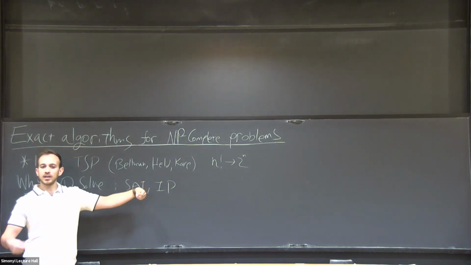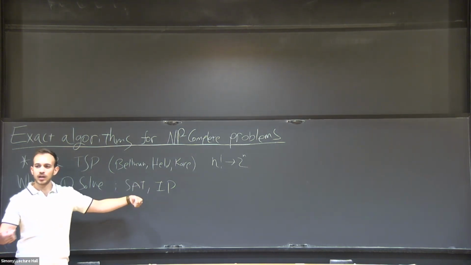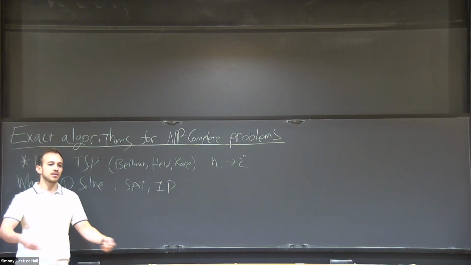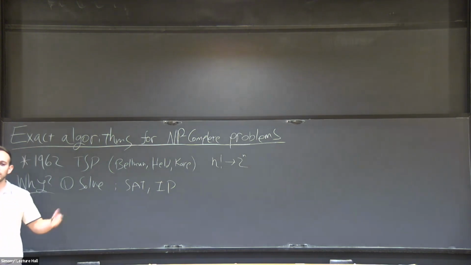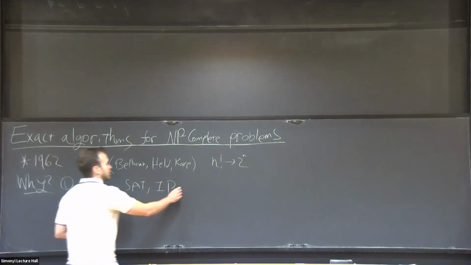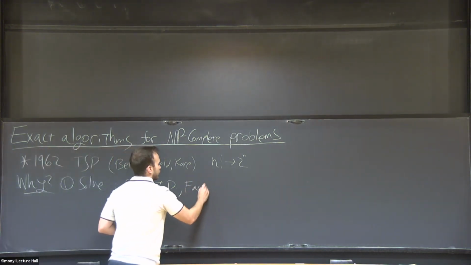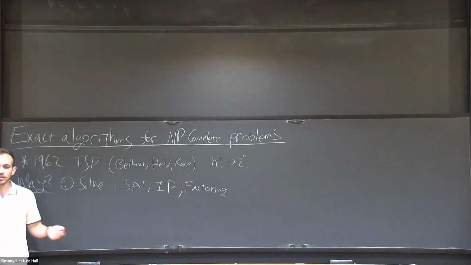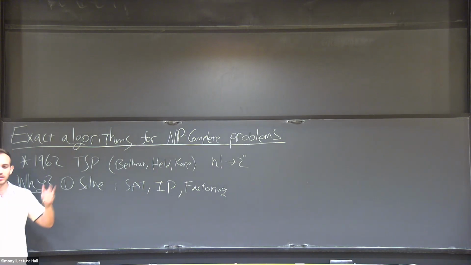So there are other problems that people care about actually solving, in which there is no reason to assume that the instances they want to solve are not the hard case ones. For example, I don't know, factoring, things like that. So when you're trying to factor an integer, this is kind of an adversarial thing.